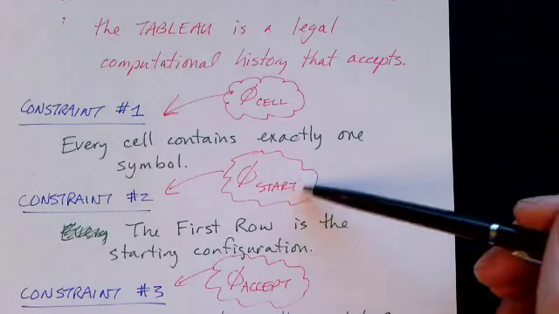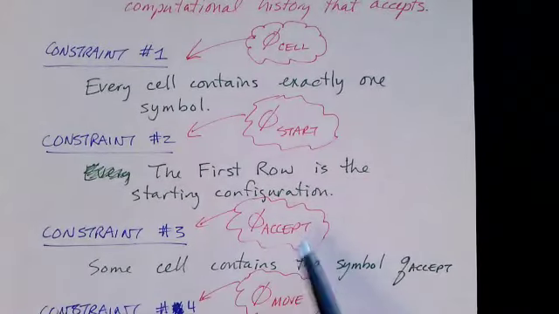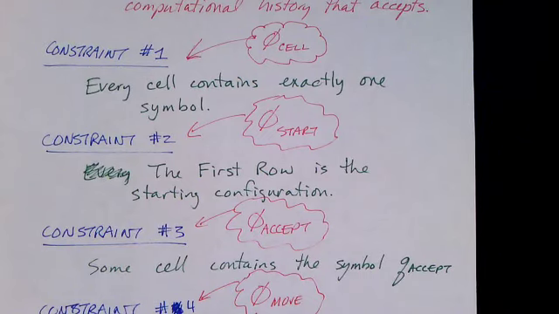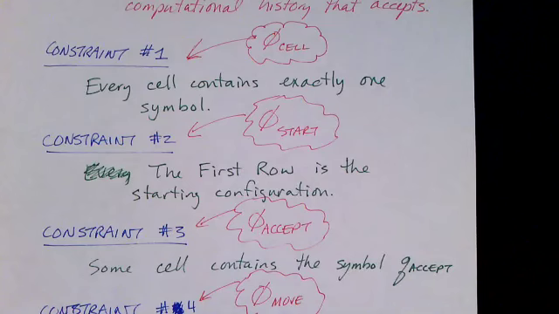Phi start is the set of constraints that the first row is a starting configuration. Phi accept is the constraint that some cell contains the accept state. And phi move is the constraint that every configuration legally follows the previous configuration according to the rules of the Turing machine.